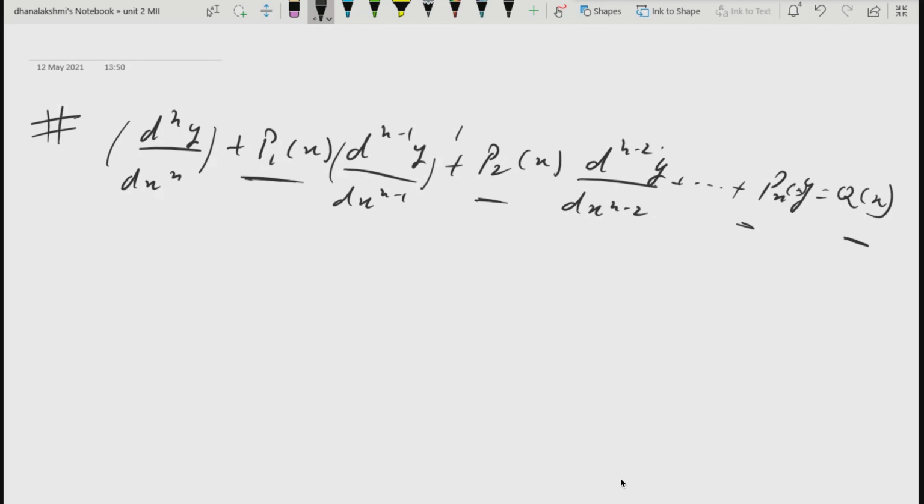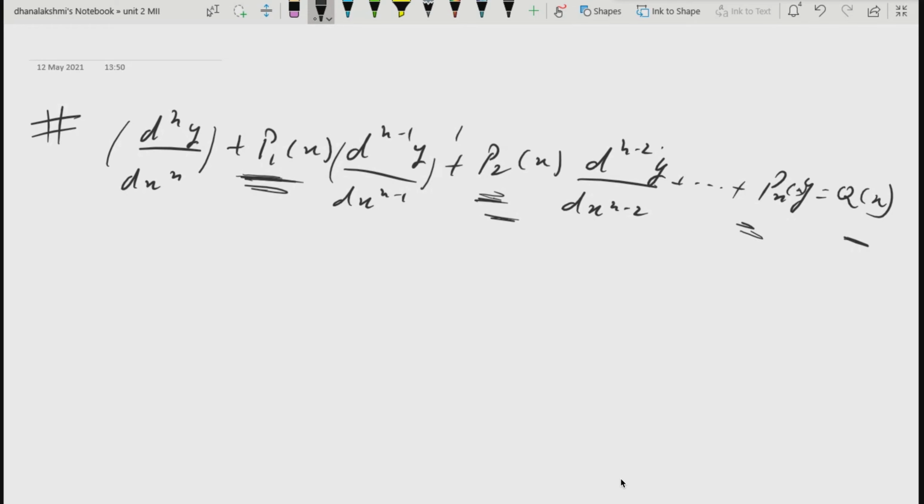Now let us suppose that all these p values p1, p2, pn are constants. Then the differential equation will be called a linear differential equation with constant coefficients. As I told you, p1, p2, pn can be functions of x, or they can be constant also.